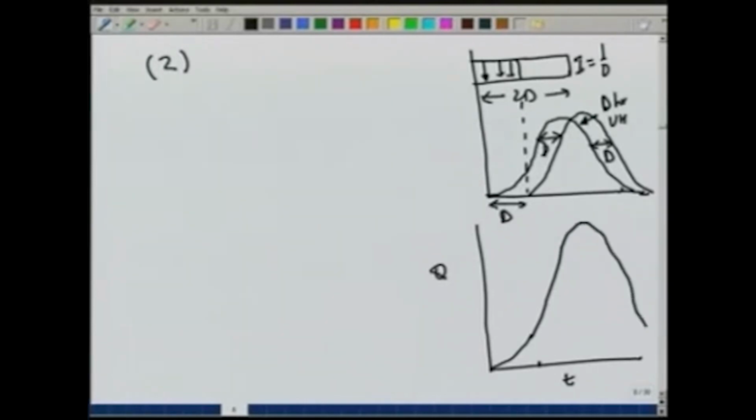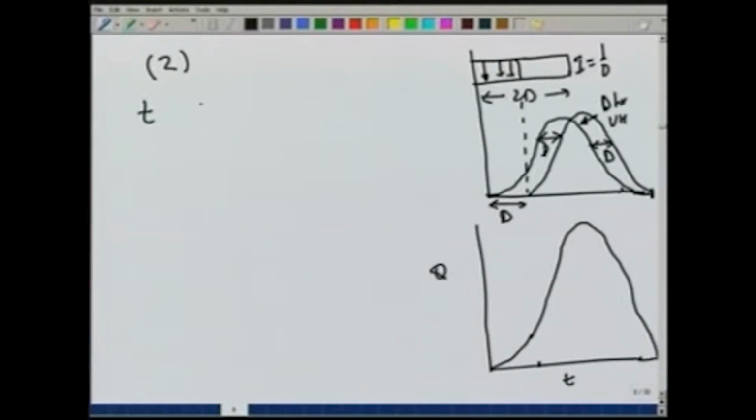And the time base will also extend up to the end of the second UH. So, in this way again we can do it in a computer very easily, but earlier we used to do it using tabular forms. So, if we do the tabular form calculation in this case, we have the UH known to us.